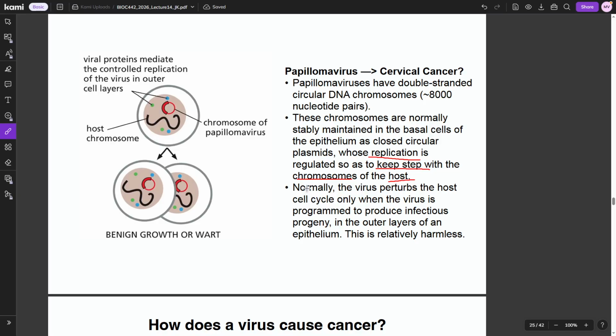And so what this means is that the virus itself only messes with the host cell cycle when the virus is programmed to produce certain infectious proteins. So basically it's a dormant virus, right? It sits there and replicates over and over again until eventually it gets a signal to start producing the proteins that cause cancer.